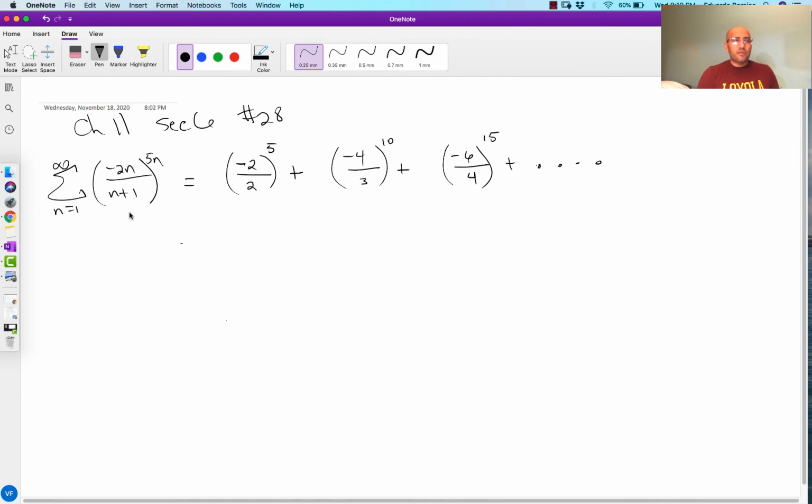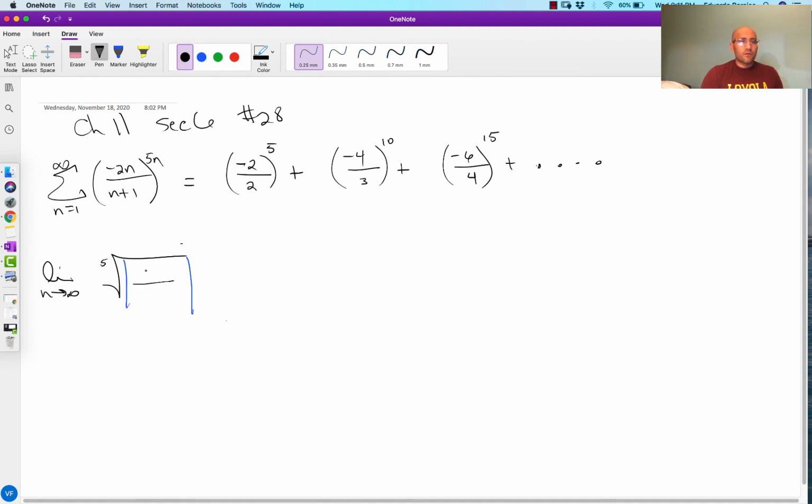So the instructions on this problem, number 28, did say to use the root test to determine whether the series is convergent or divergent. In order to use the root test, we need to think about the limit as n goes to infinity of the nth root of the absolute value of this thing.